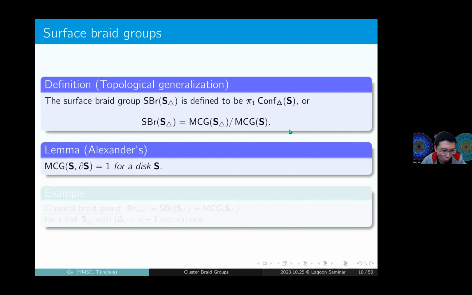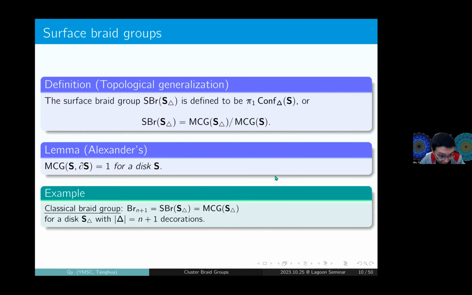So for example, when you have a disk, if you ask about the symmetry of the disk, meaning a homeomorphism from it to itself, preserving the boundary, then it's always isotopic to the identity. So this group is trivial.